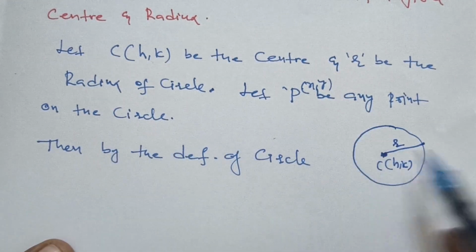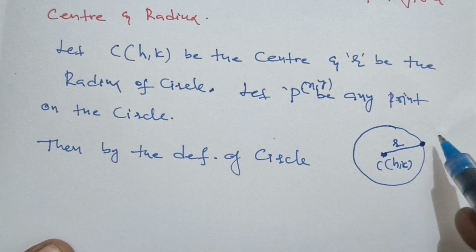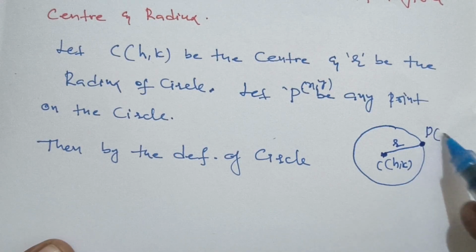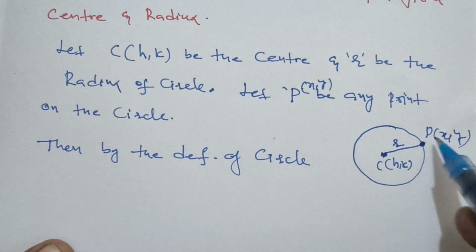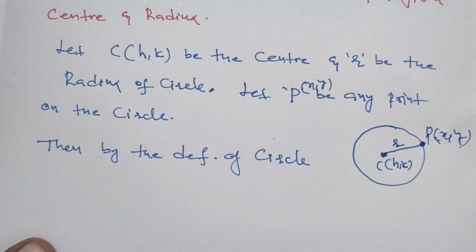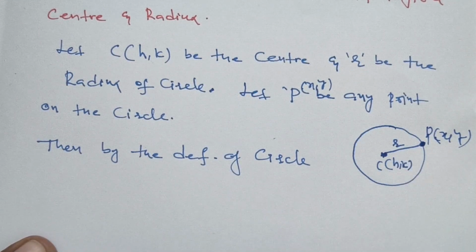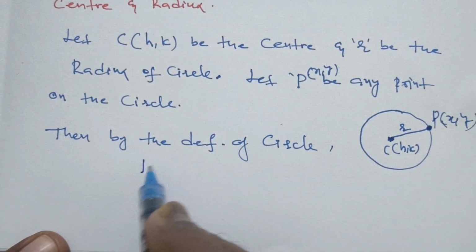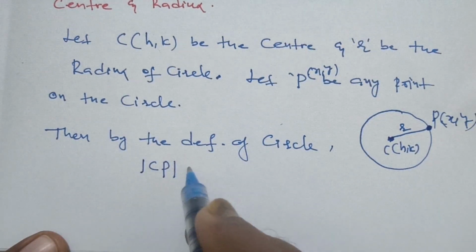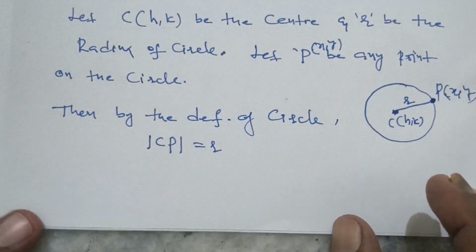P is any point on the circle, with coordinates x comma y. The distance from C to P is equal to r, that's why mod CP is equal to r.